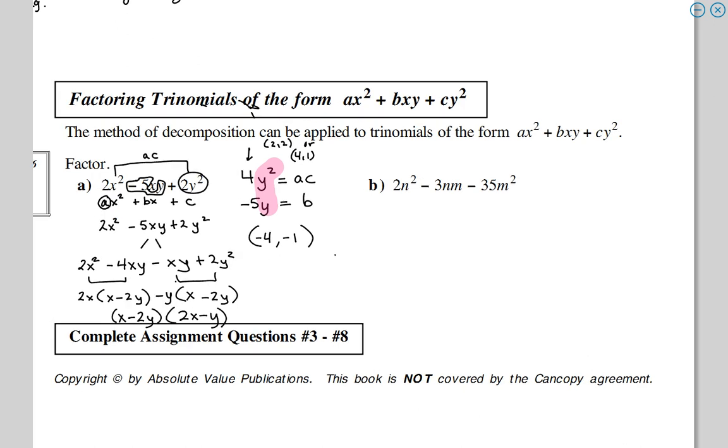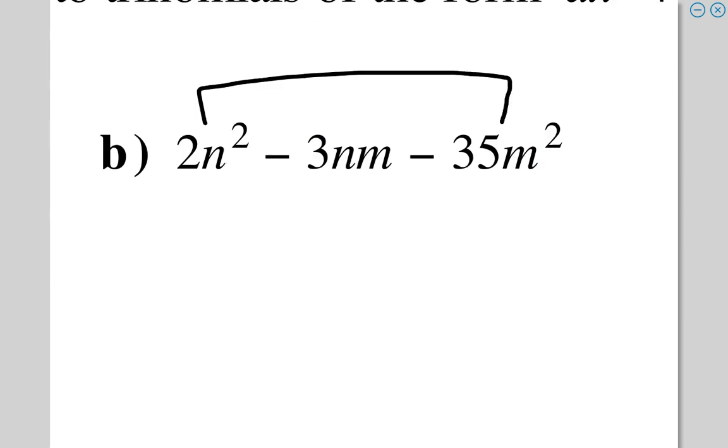Okay, let's try the next one. So. Okay, AC is what? And there's lots of M's and N's, those are messing me up. What's like the X? I like to jot that in underneath so I don't get screwed up. AX squared plus BX plus C. So what's squared?